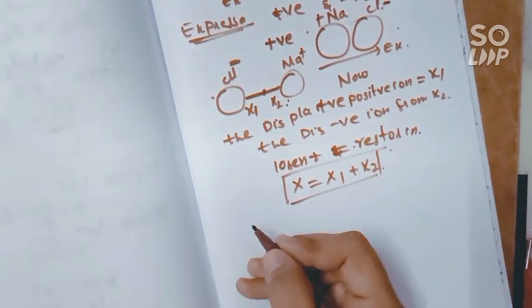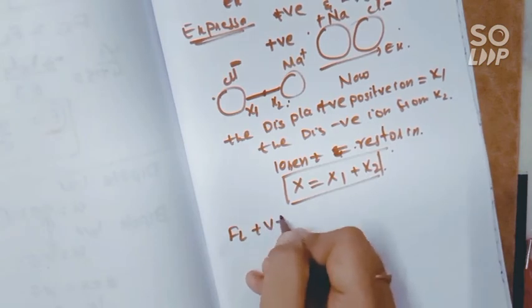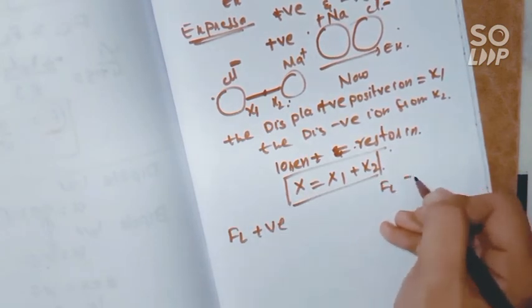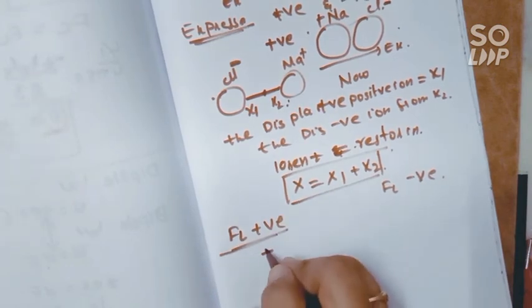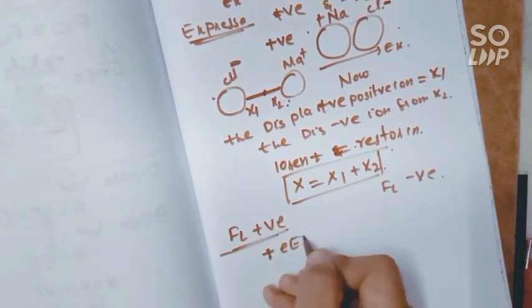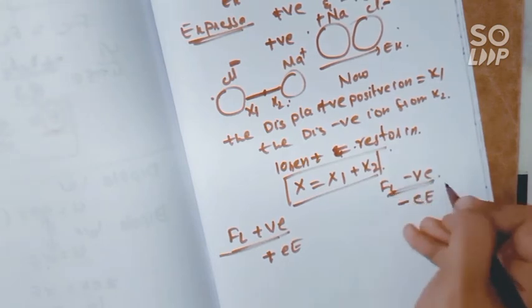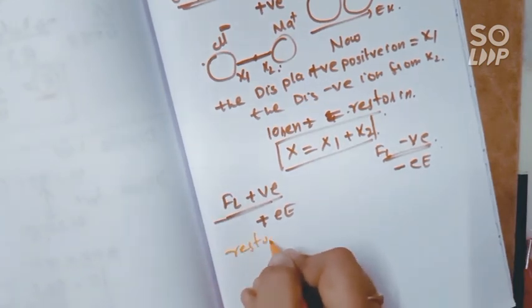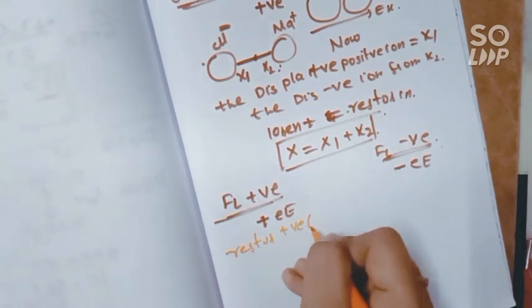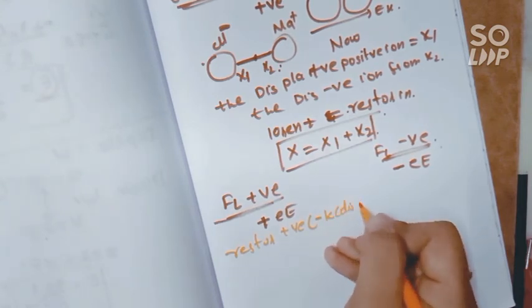Now we need to find the Lorentz force for the positive ion and for the negative ion. For the positive ion, I can take it as plus E into e. For the negative ion, minus E into e. Next, the restoring force. Restoring force is minus k into the distance or displacement.